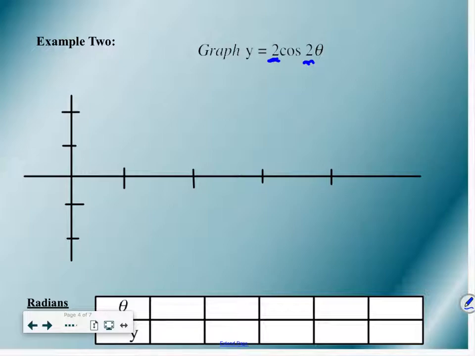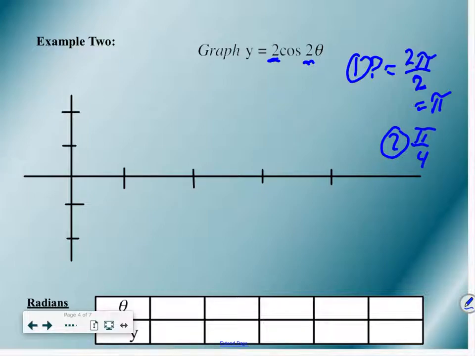So first thing I gotta do is find my period. 2 pi over 2, simplify it, pi. How does that help? Divide it by 4 equal parts. So pi over 4.